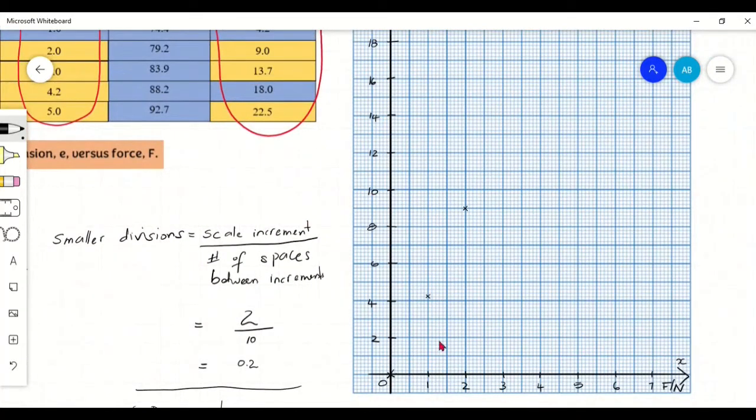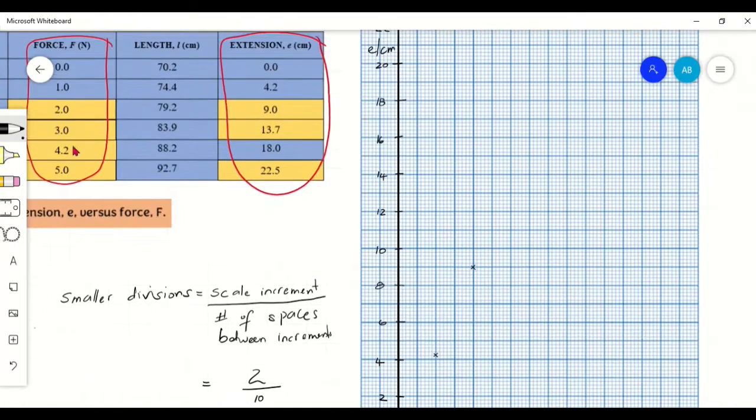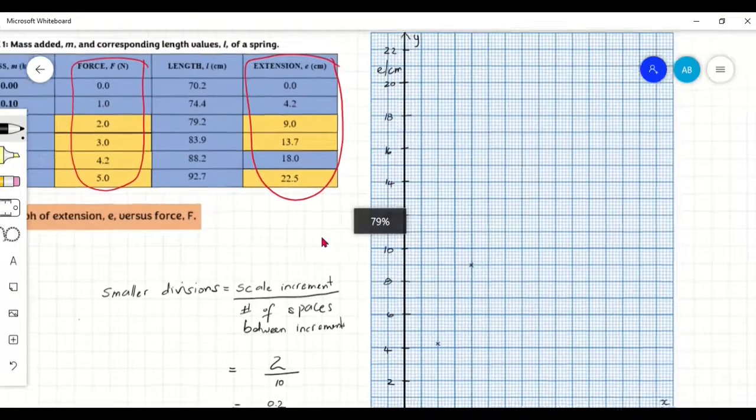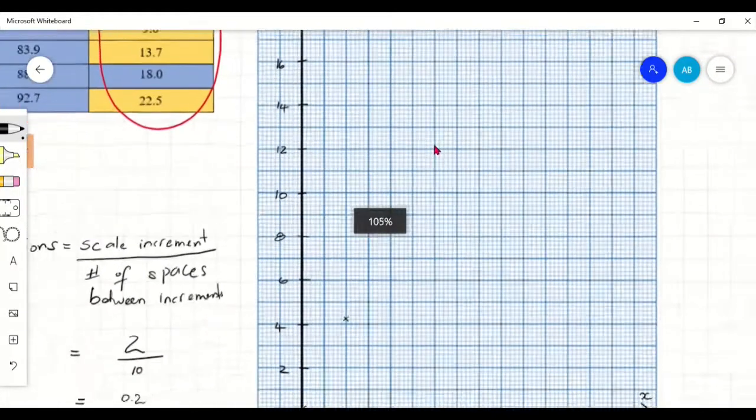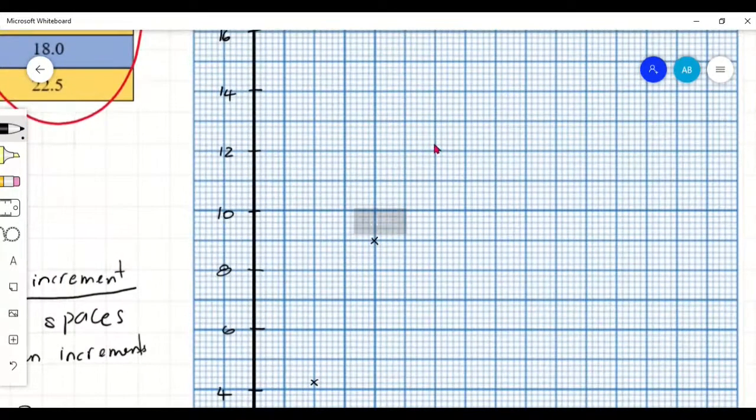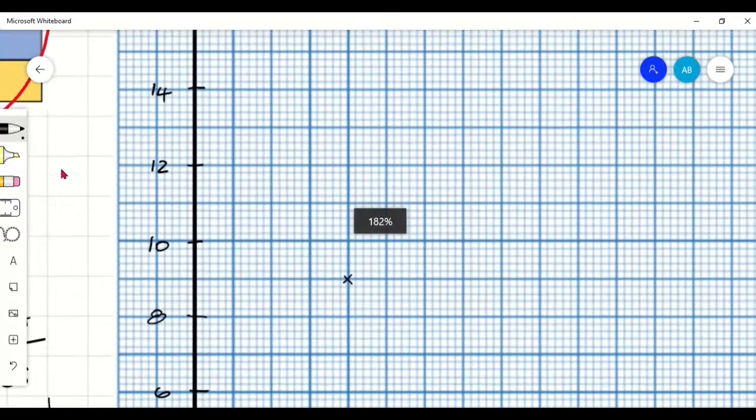13.7. So this is 3 newtons with 13.7. So this one might be a little trickier to find because it won't necessarily be on a line. It will be in a space. And so when that's the case, we try to get it as close as possible to what it should be. So this is 3, this is 13.